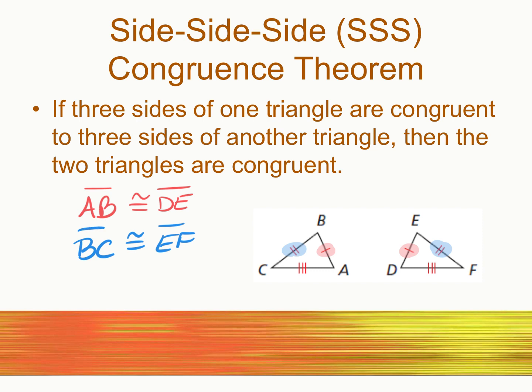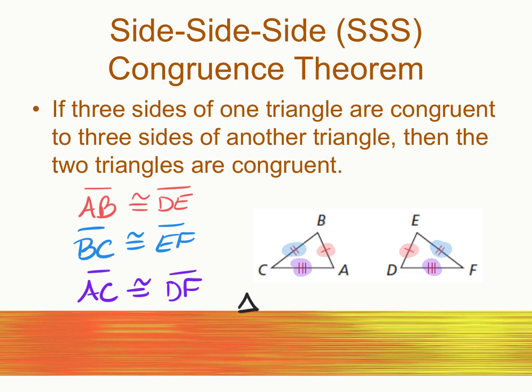And then lastly, we got one more match. And we can show that side AC here is going to be congruent to DF. So AC, congruent to DF. So because all three sides have a corresponding congruent match, we can come up with a congruency statement, and the order matters here.